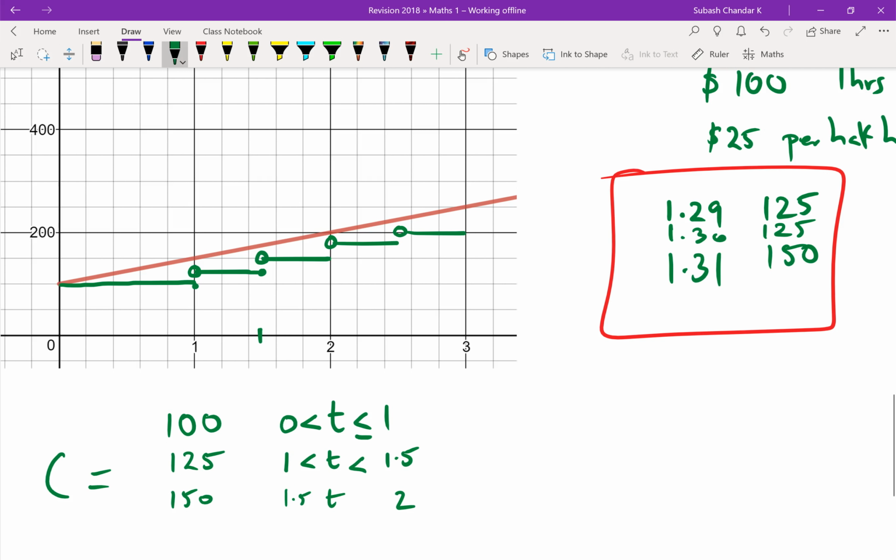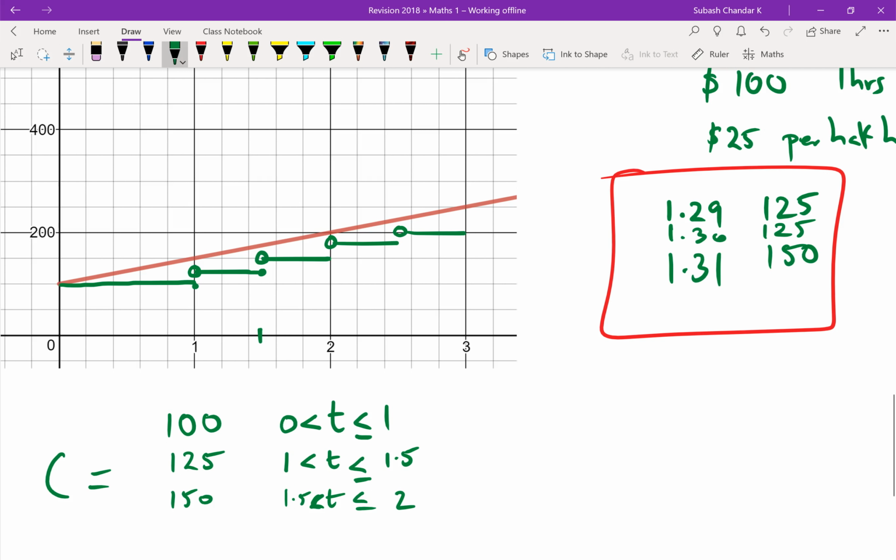If it's included, then we would put that as less than or equal to. If it's not included, then we just leave it as less than or greater than or whichever it is. So you only put the equal sign if it's included or if it's like an empty white circle. Okay, and of course this just keeps going on because you could actually have it like 175, 200 and so on.